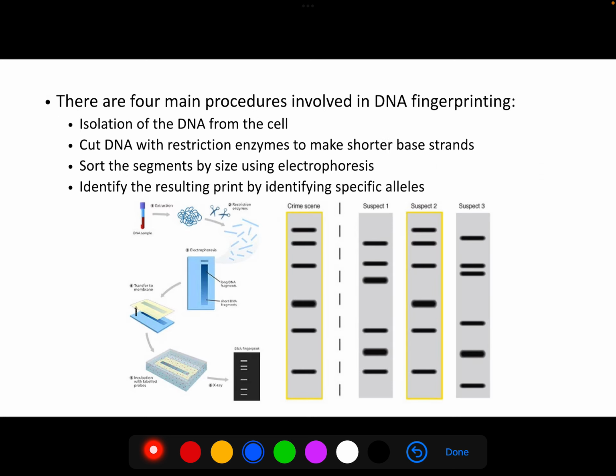So with DNA fingerprinting, there are 4 main steps. And to remember them, I have the acronym ICSI, which is how you can remember the 4 steps for DNA fingerprinting. So the first step is to isolate the DNA.